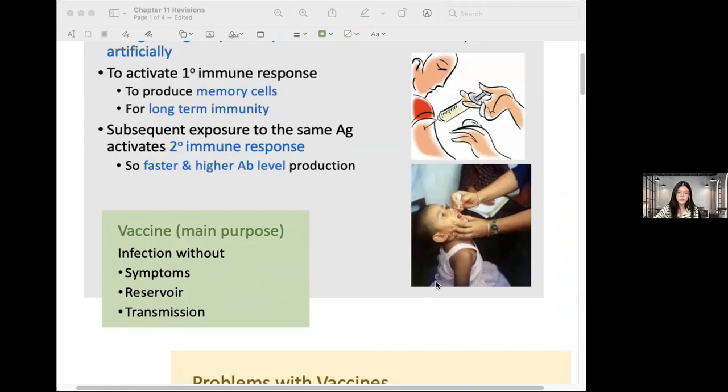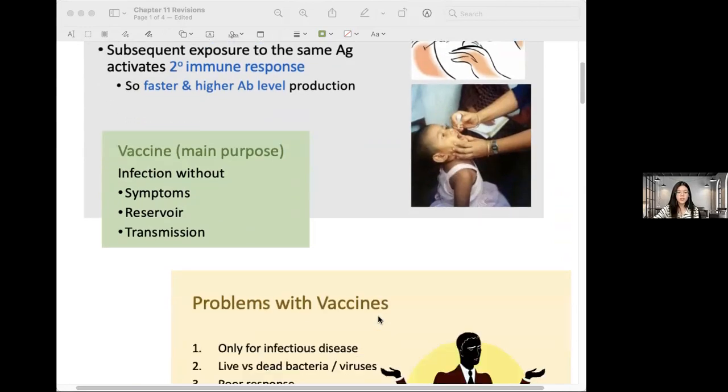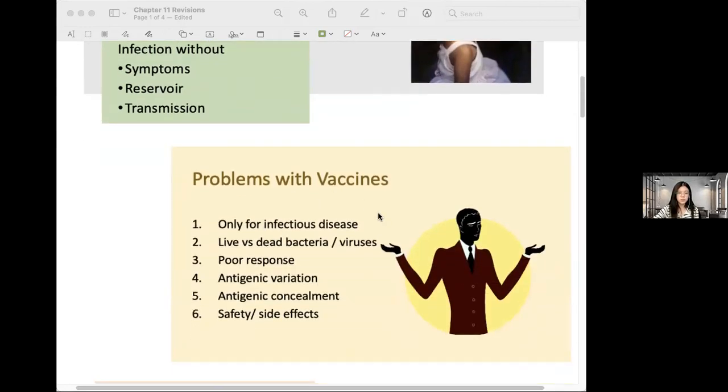And vaccine is a preparation containing antigens that come in many forms, for example, whole live microorganism or killed microorganism. And then the problems with vaccines: they are only for infectious disease. It means that the immune system will act against foreign antigens, for example, virus, bacteria, and protozoa. And the second one, live versus dead bacteria or viruses.